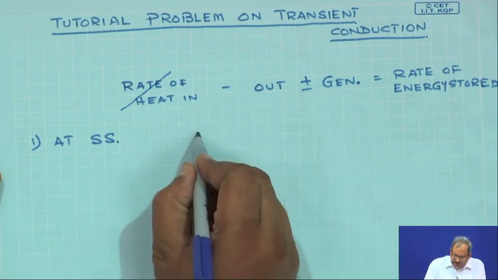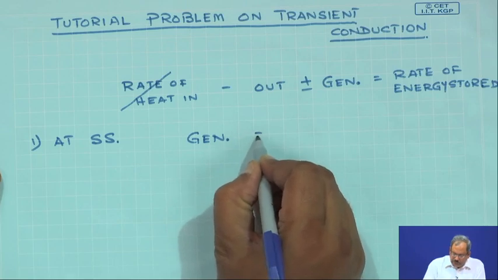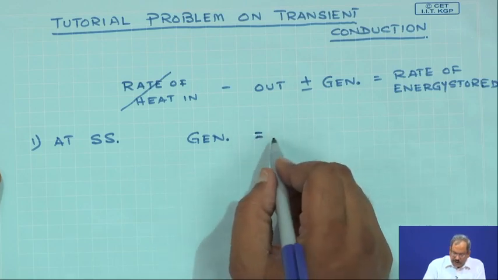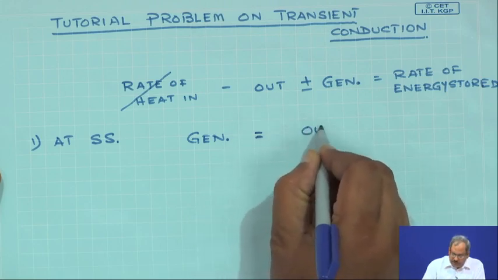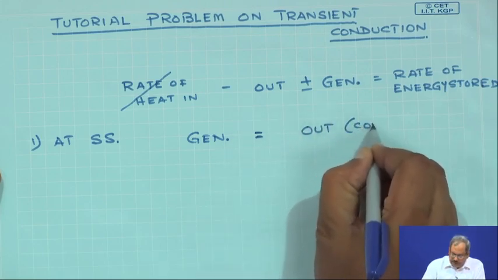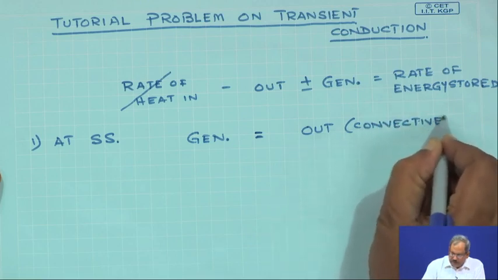At steady state, the amount of heat generated because of the resistance of the wire and the current flowing through it must be equal to the energy going out, and this out is by a convective process. We know the value of h and so on.